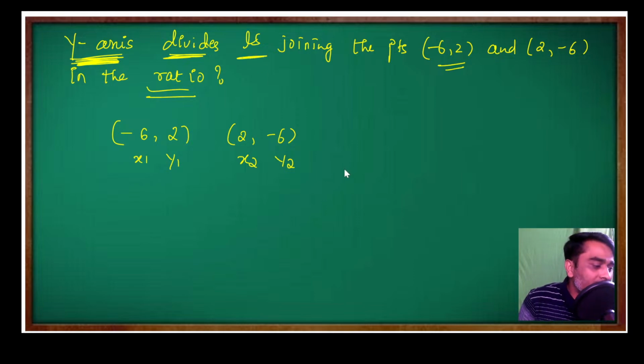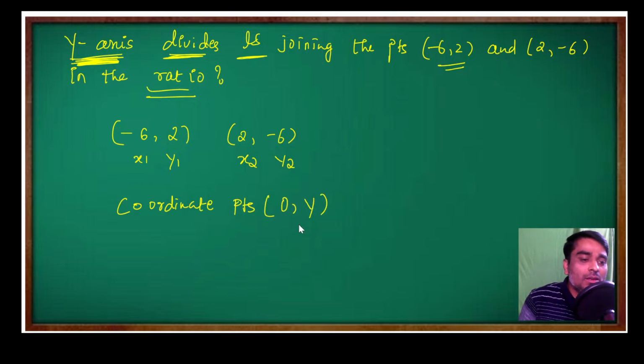Therefore the coordinate points are (0, y). Why 0 comma y? Because the y-axis is coming into the picture, so x will be 0 and we take y as y only.